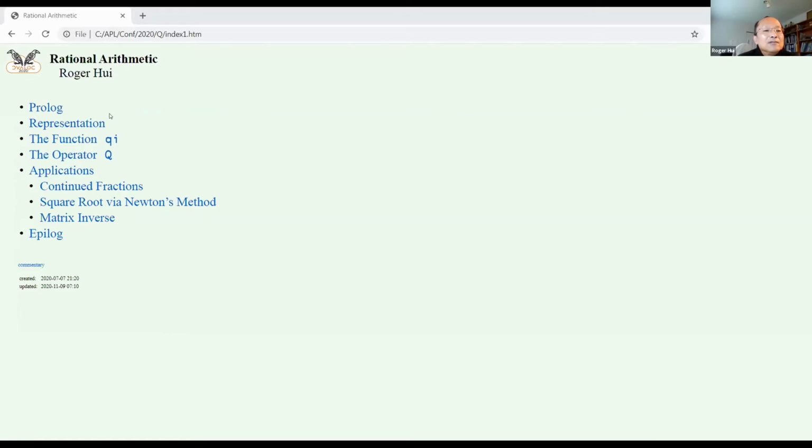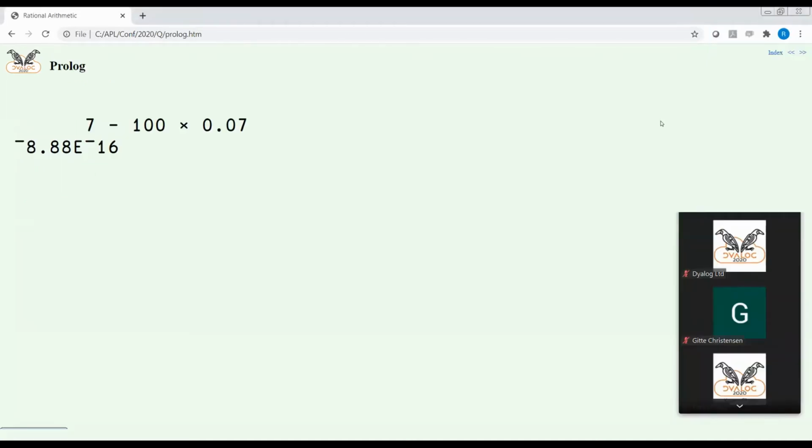And so the rational arithmetic facility will consist of a design for the representation, a function for entering rational numbers conveniently, an operator capital Q for working with rational numbers, and then some examples of working with rational numbers.